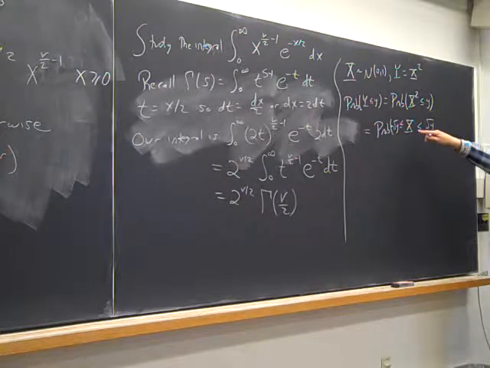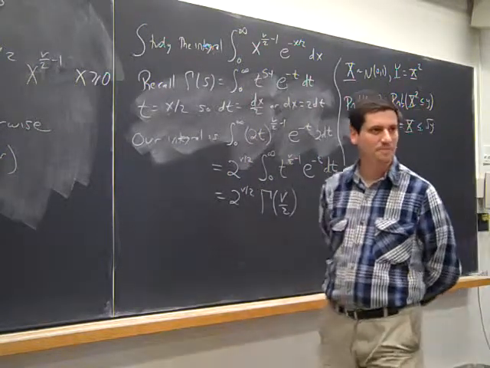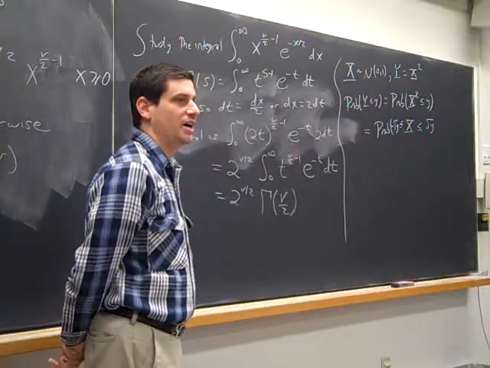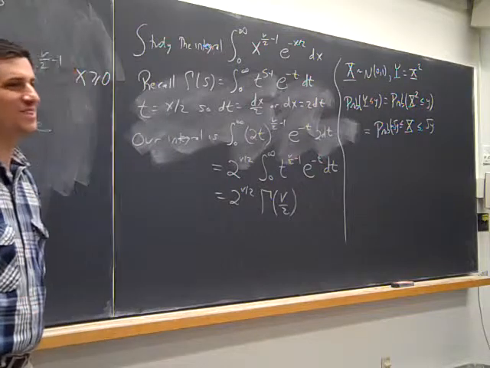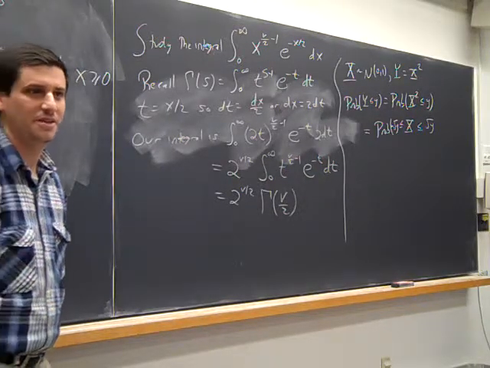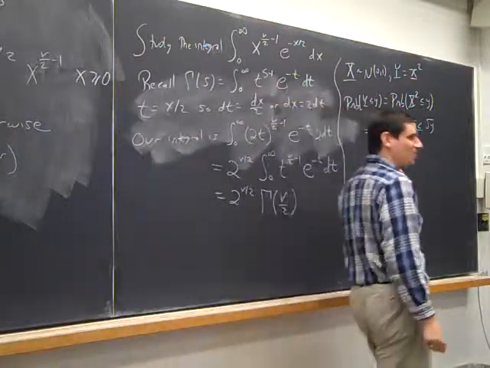So one way to do this is to actually evaluate the integral of the normal density from negative root y to root y. If I'm going to do that, what would I need to know? Not the normal density, something very closely related to the normal density. The integral of the normal density, its cumulative distribution function. We can't integrate the normal density in closed form.